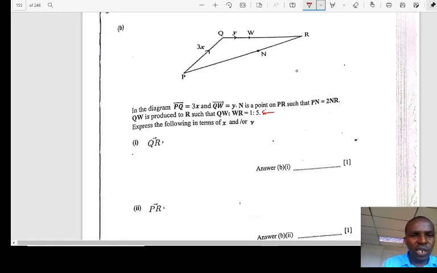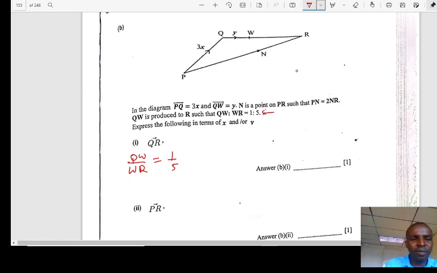You can write it as QW over WR is equal to 1 over 5. It's easy presenting it this way. It's still the same. Ratios just mean over, like this. So what you want in this case is QR, but we have QW, right? So we can check the relationship between WR and QW.